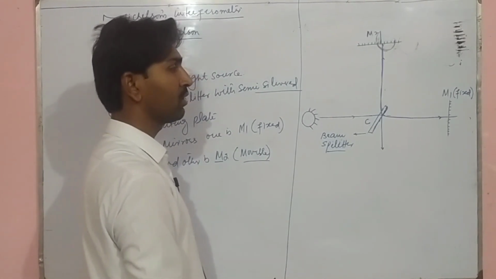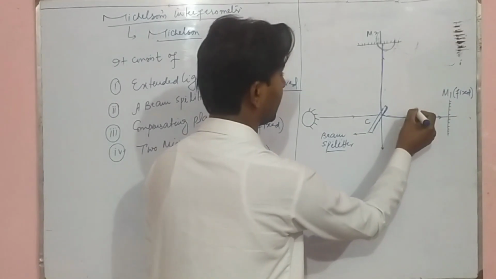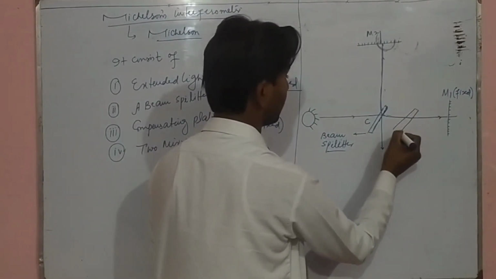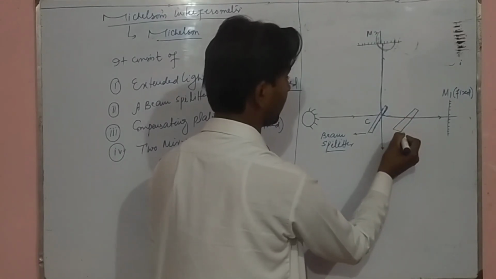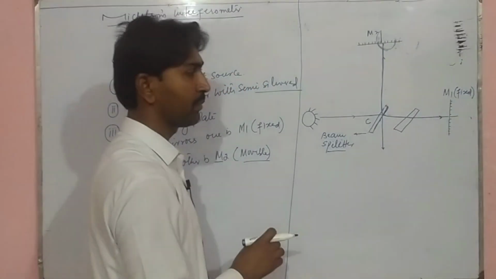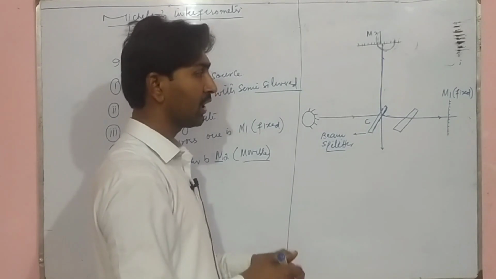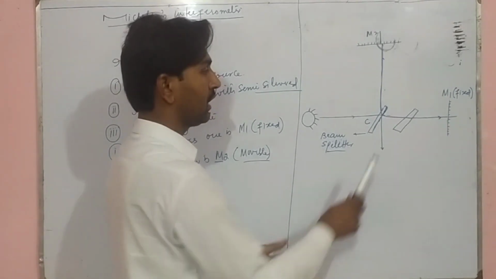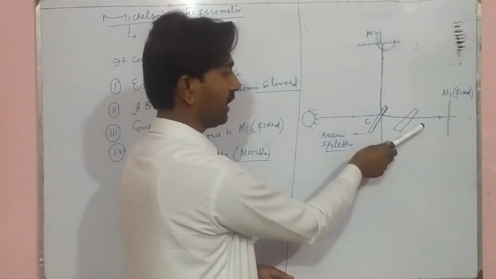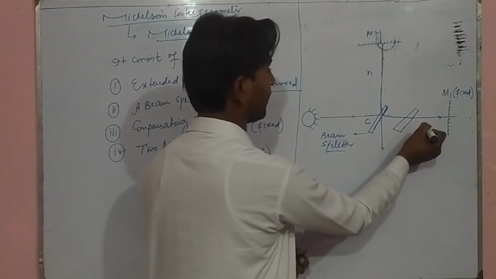So in order to compensate the path, we must place another plate which is called the compensating plate. It compensates the distance, or we may say it equalizes the arms covered by ray 1 and ray 2.